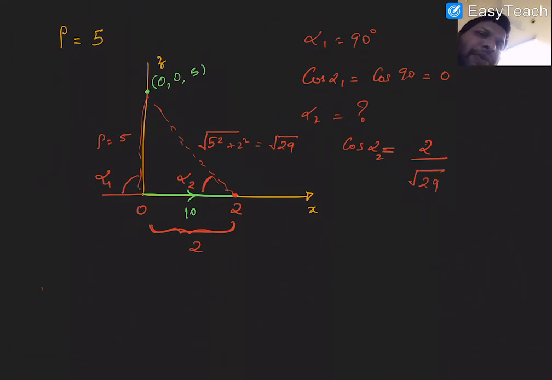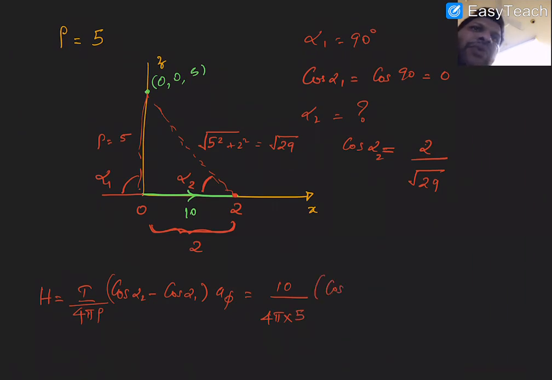Now we can use the formula H is equal to I over 4 pi rho into cosine of alpha 2 minus cosine of alpha 1 into a phi. This is equal to I is 10 divided by 4 pi into rho is equal to 5 into cosine of alpha 2. What is cosine of alpha 2? We have already found it.